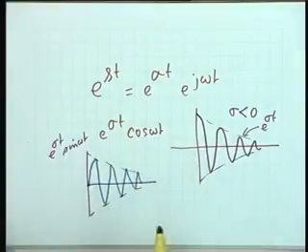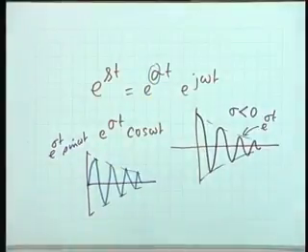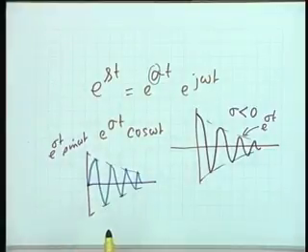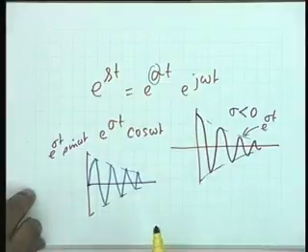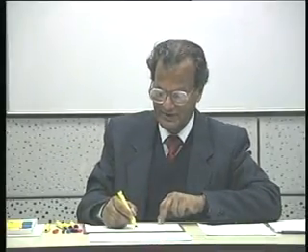On the other hand, if sigma is positive, then it shall be growing, and therefore sigma, the real part of the complex variable s, is a characterization of whether the signal is decaying or growing. That is the characterization of signals. Now, how does one characterize a system or the network N?